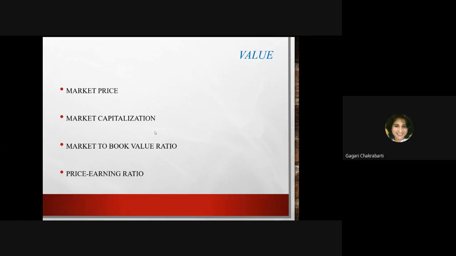Okay, so before we move on to the market to book value ratio, it is better to consider the price earning ratio first, and then the market to book value ratio will bear similar understanding or similar analysis. The price earning ratio is nothing but the market price divided by the earning per share, the net profit per share.